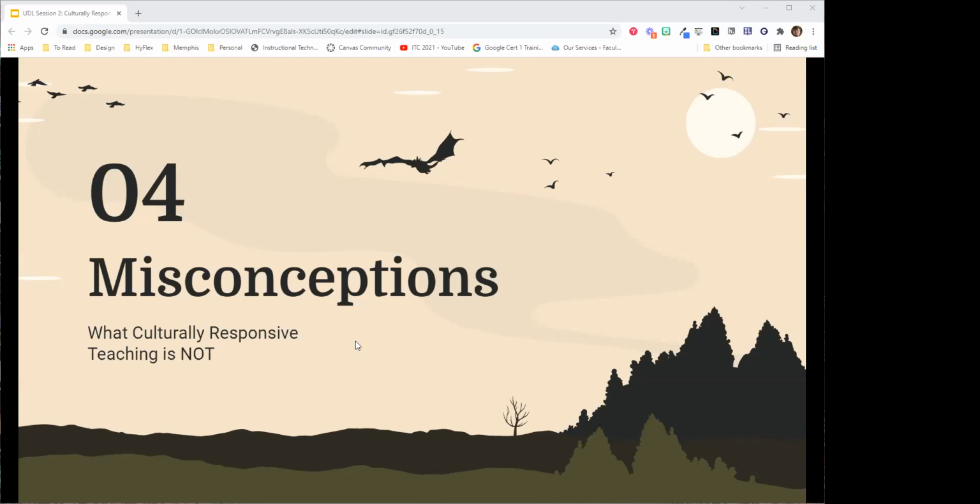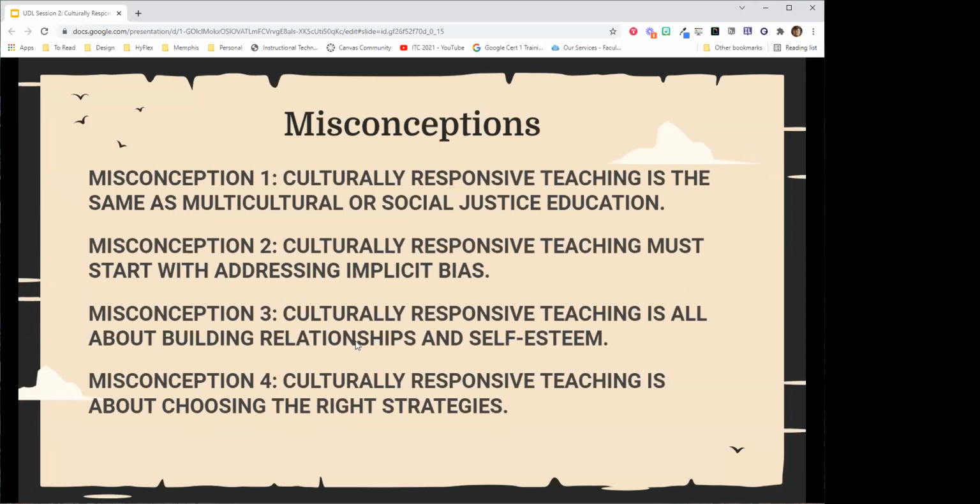So let's talk about some misconceptions with culturally responsive teaching. What is it not? One misconception is that culturally responsive teaching is the same as multicultural or social justice education. And that is not true. Multicultural education is, according to Zaretta Hammond, the celebration of diversity, what we usually see in schools.